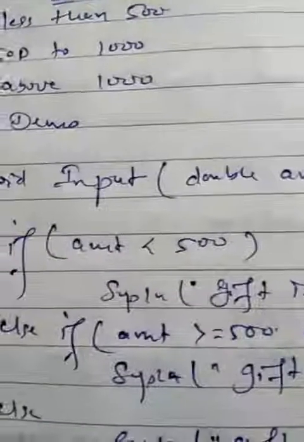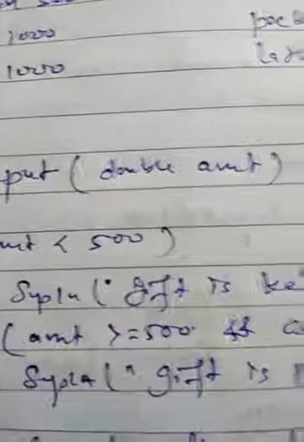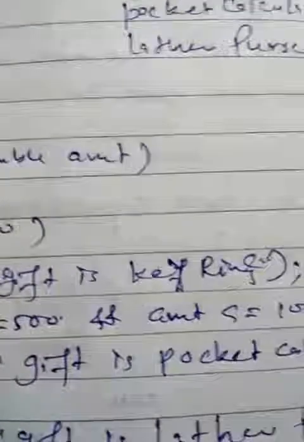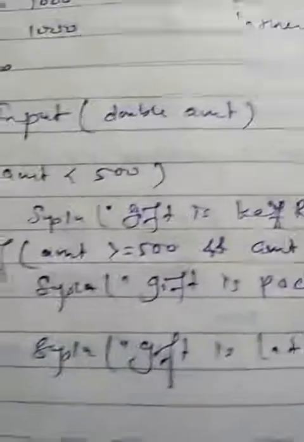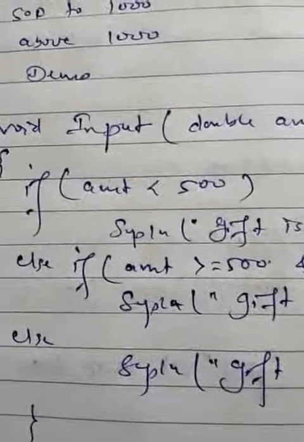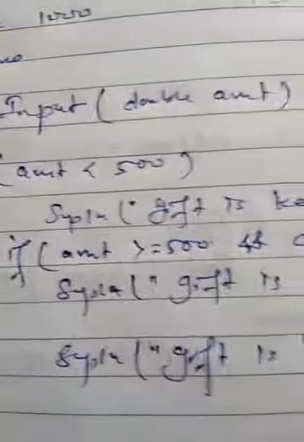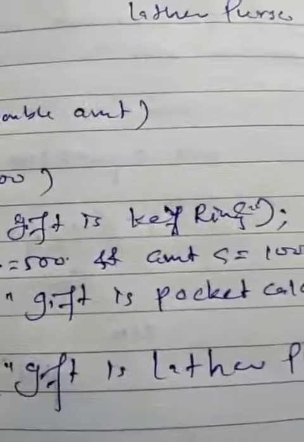Second condition: else if the amount is greater than or equal to 500 and the amount is less than or equal to 1000, then the gift will be pocket calculator. If both conditions are false, then finally it will automatically print gift is a leather purse.